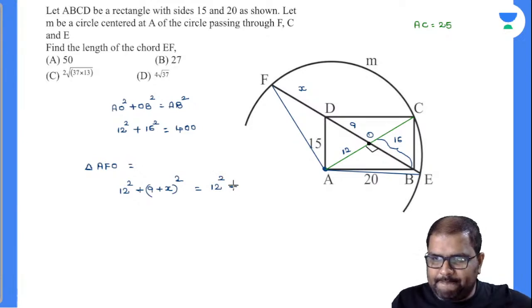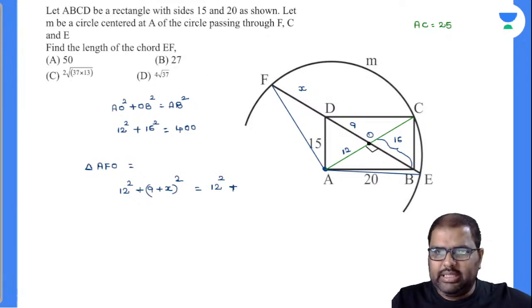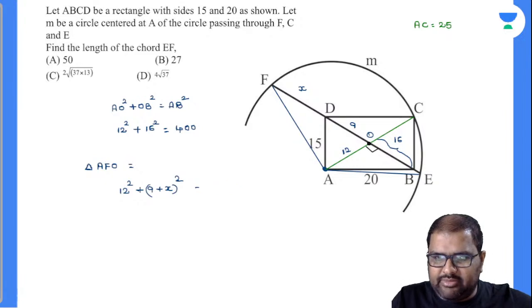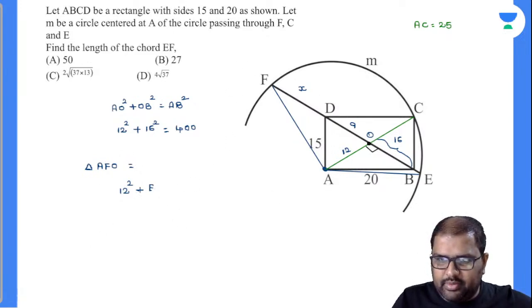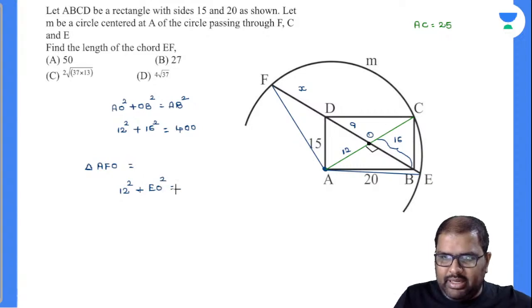This is 25 now. 12 square plus, are we missing anything there? Yes, we are missing something. One second. I'll write it like this: 12 square plus EO square. EO square is equal to 25 square minus 12 square.